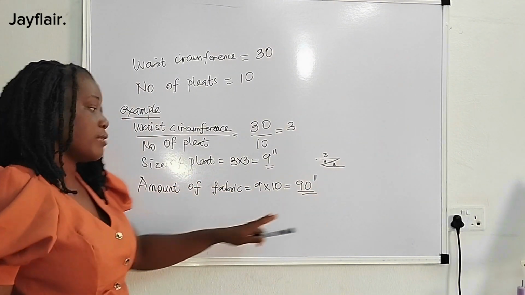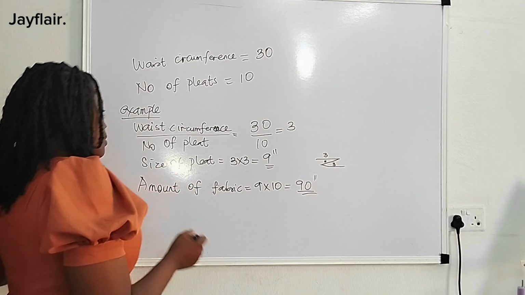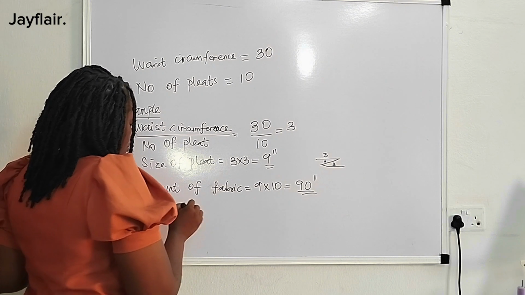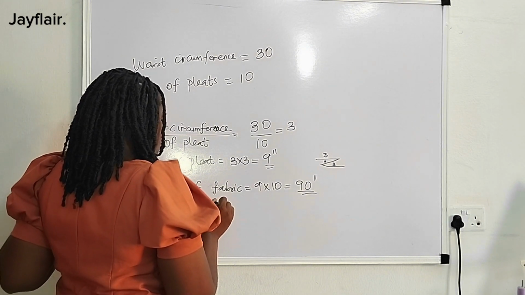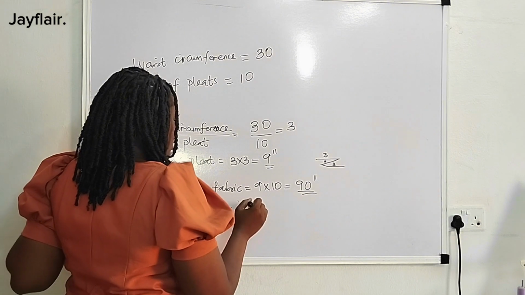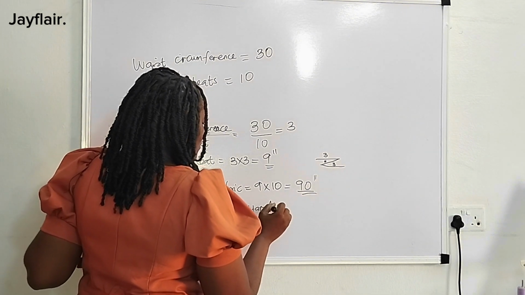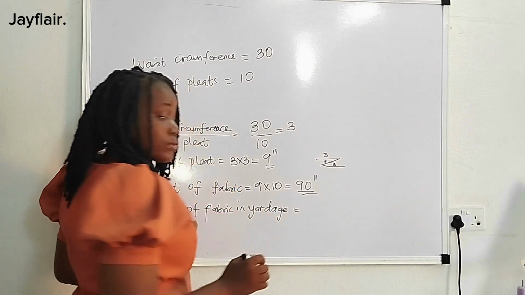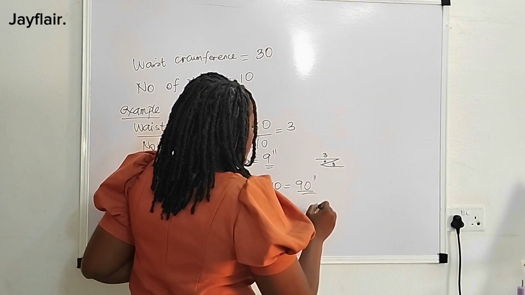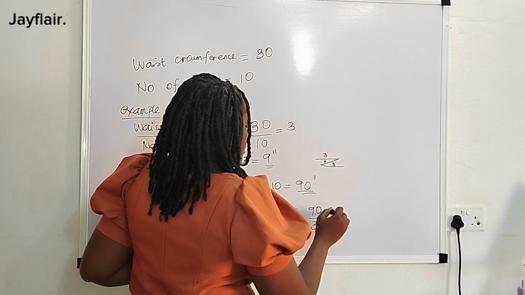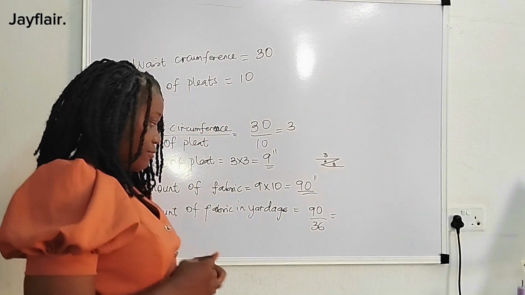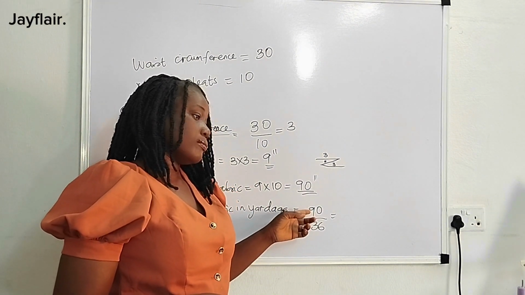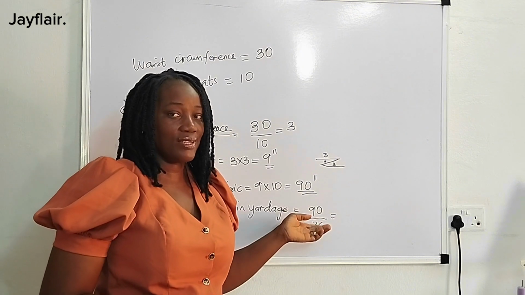Now to get the amount of fabric in yardage, okay, it will be what? Amount of fabric in yardage. So how many yards do I need? Yardage is equal to 90 divided by 36. Okay, now if you are working with centimeters, you need to convert it.